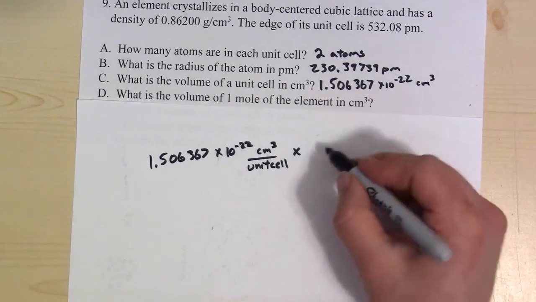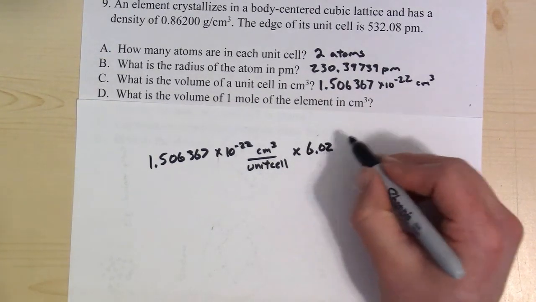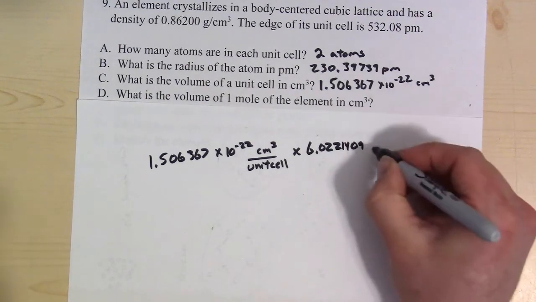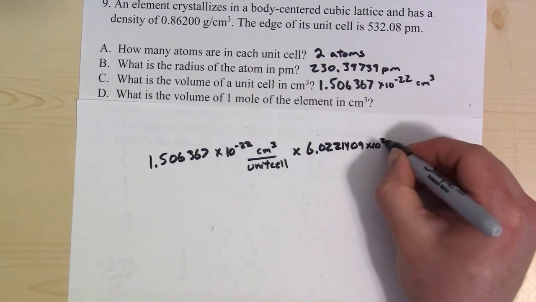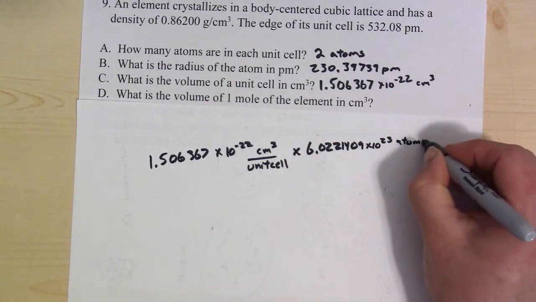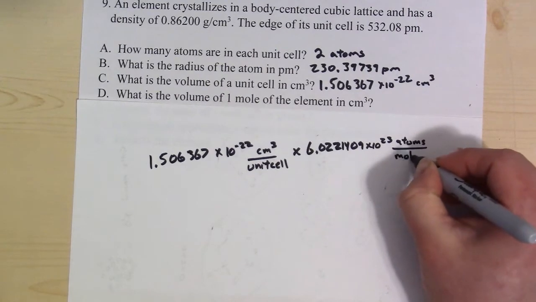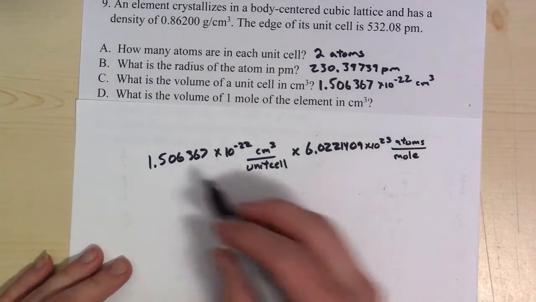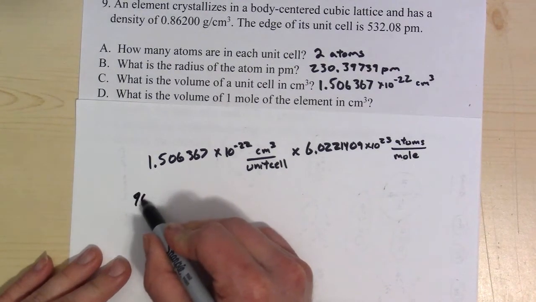So that is 6.022 times 10 to the 23rd, and that's atoms per mole.